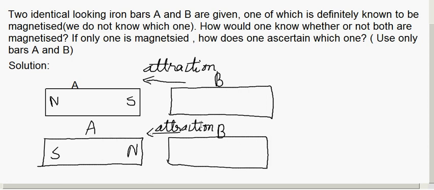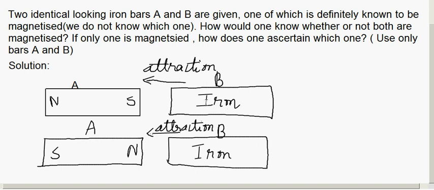in that case, we are very sure that this is an iron bar. So what you do, you assume that the bar A is magnetized and bar B is not magnetized. So iron. In this case, what happens?